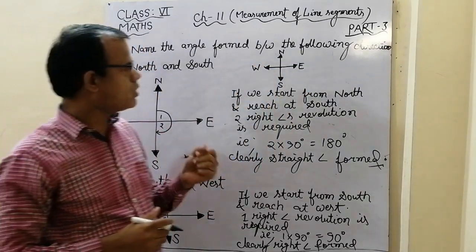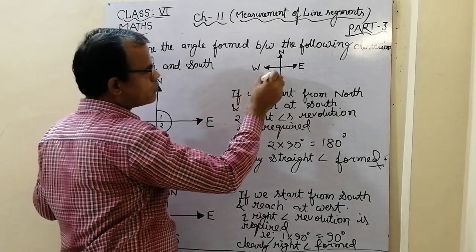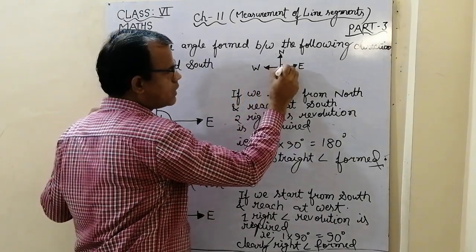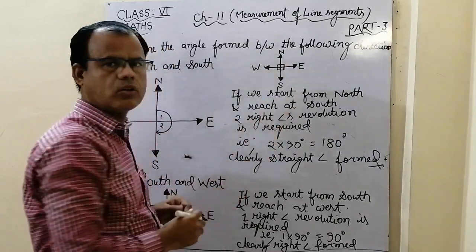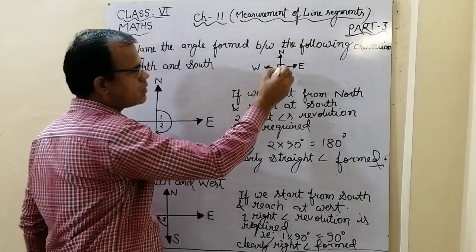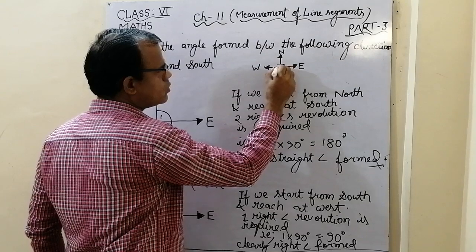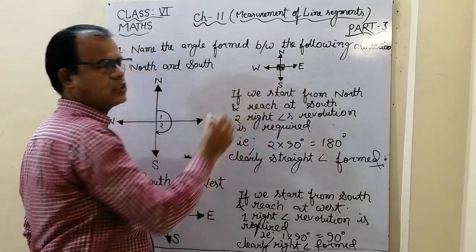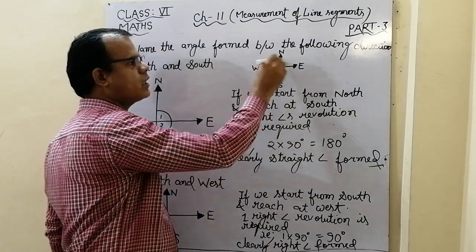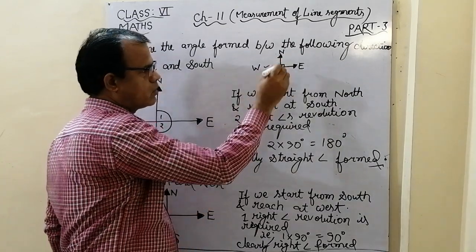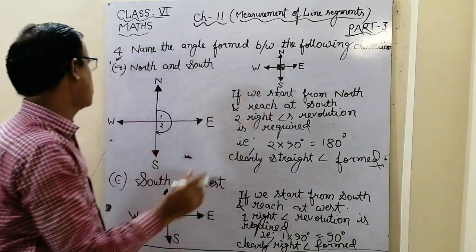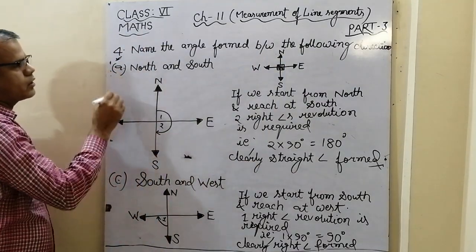And here you see the angles formed are 90 degrees, 90 degrees, 90 degrees, 90 degrees. So how many 90 degrees? 1, 2, 3, 4. Four 90 degrees means this complete angle, 360 degrees, is formed at that point. So keep it in mind.